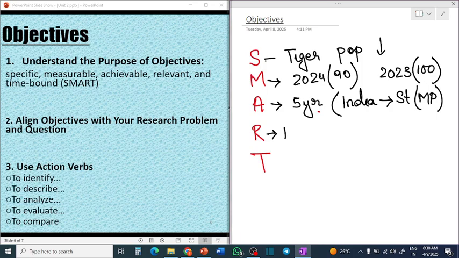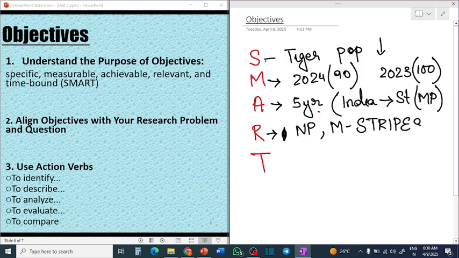If we see that the topic is relevant, how can we describe it? National parks and tiger reserves are built, and there are many technologies being made like M-STRIPES. Although M-STRIPES was made in the year 2010, I am just giving it as an example. And the third point is it should be time bound.